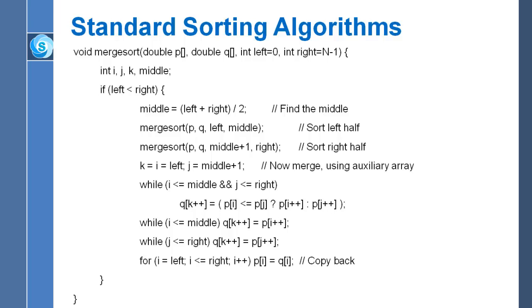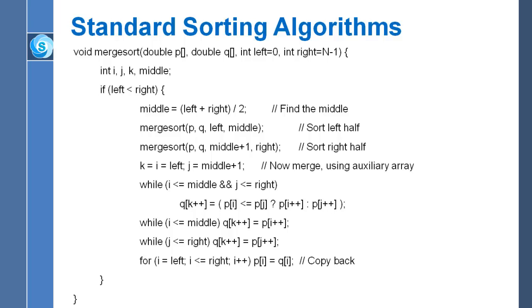Well, when that happens, that first of the three while loops will terminate. And then it's the job of one of the other two while loops to copy anything that hasn't already been copied from the original array into the auxiliary array. And you could look at that carefully and convince yourself that it works.